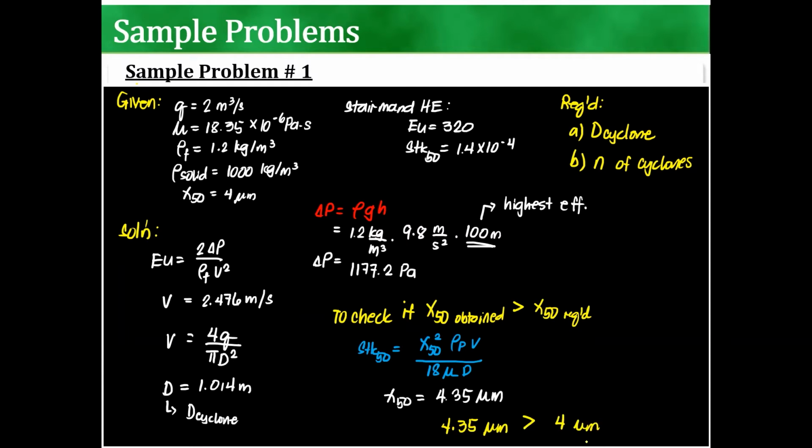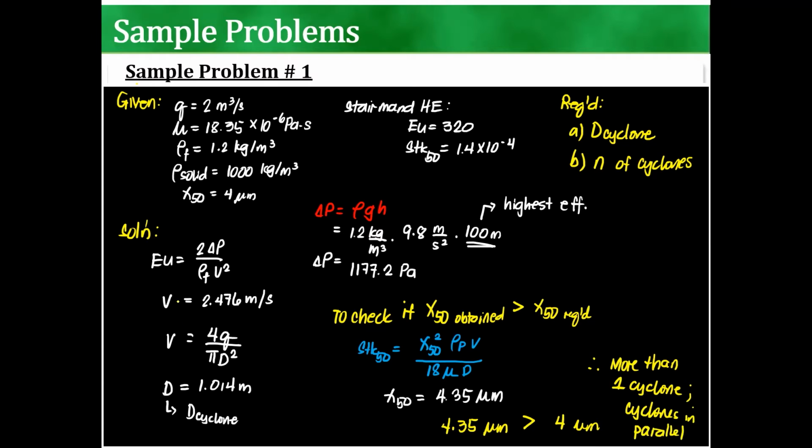So what we have to do is, we have to use more than one cyclone. So how do we use more than one cyclone? That means cyclones in parallel.